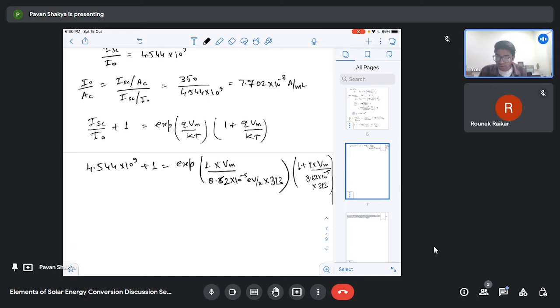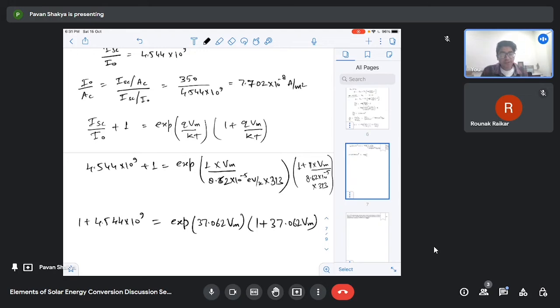Okay, so if we further solve, then this value 1 plus 4.544 into 10 to the power 9 on the left hand side will be equal to this exponential term, 37.062 Vm, multiplied by this 1 plus 37.062 Vm.